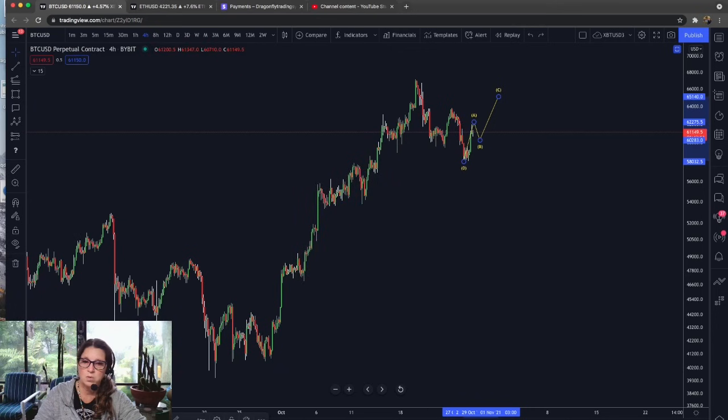And then we may have a 3 wave, and then we either get 5 or 3 back down to the downside, and we end up getting to this order block. That's one option.